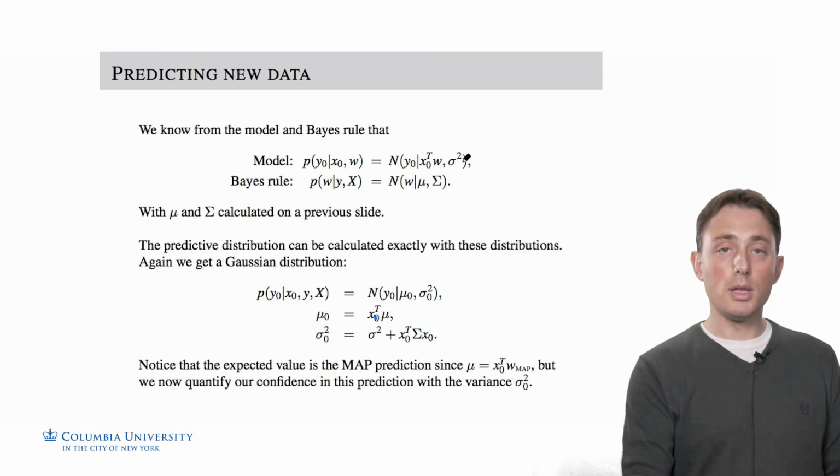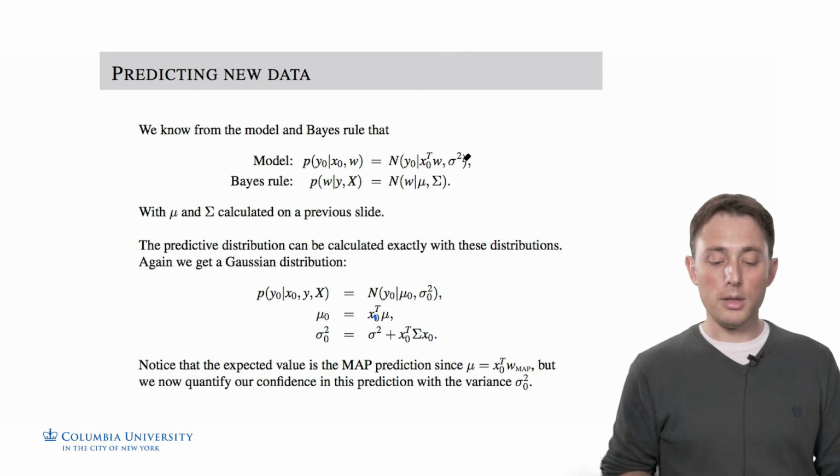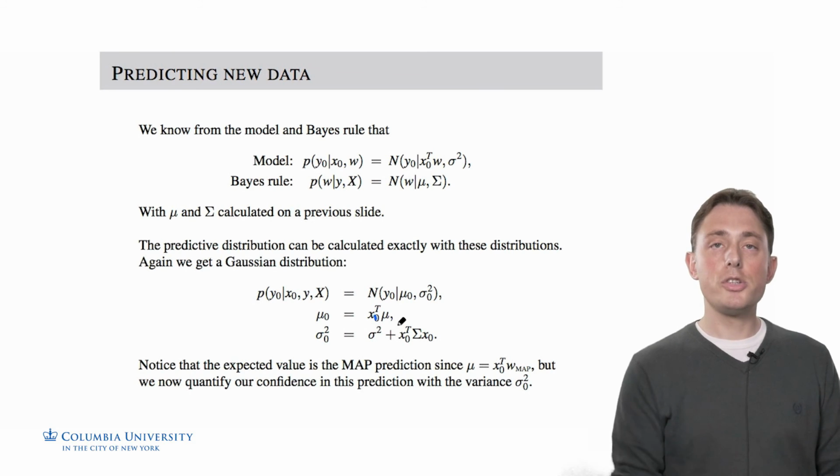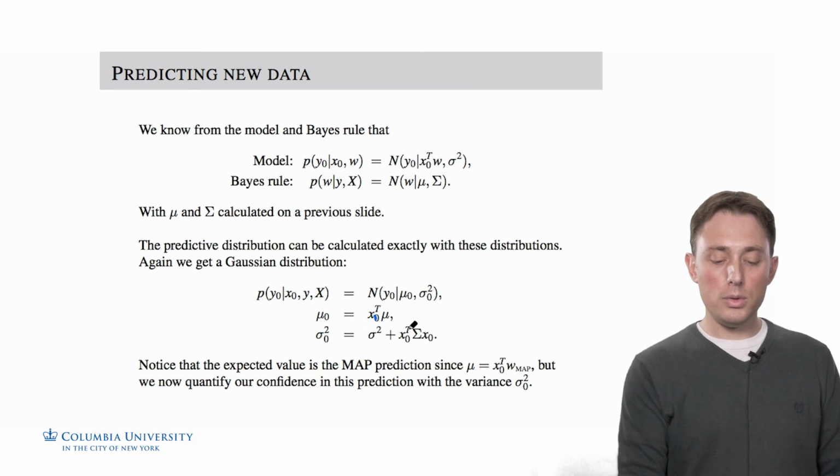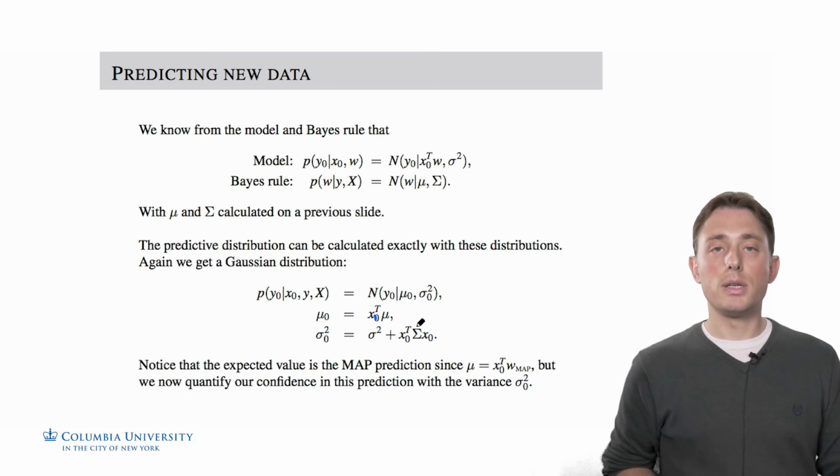This is the noise from the likelihood, which we can't ever eliminate, plus some additional variance, which is equal to the product of x naught with the matrix sigma.